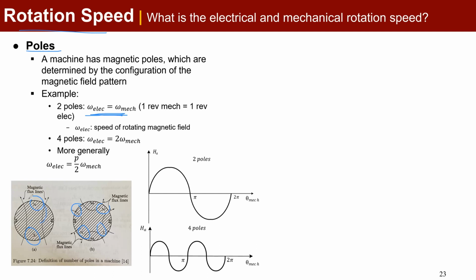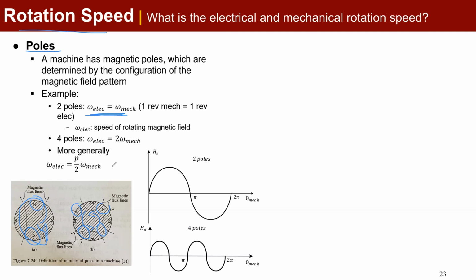I go 360 degrees mechanically, and I end up one revolution around all the poles. However, for 4 poles, it takes, quote unquote, two mechanical revolutions to get through all electrical poles. So I have to go through these 2 poles, and then I go through these 2 poles here.